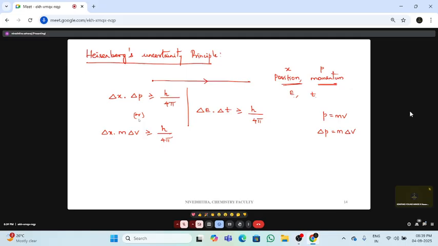Now, what is de Broglie's wavelength? What is de Broglie's wavelength? Lambda is equal to h by m. Very good, Kana. Have you got that formula or relationship? E is equal to mc square.